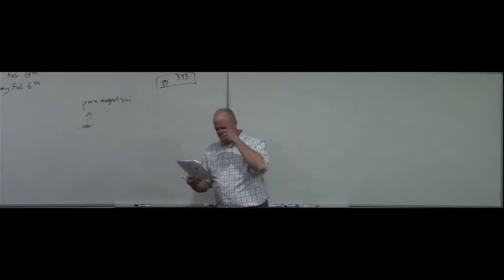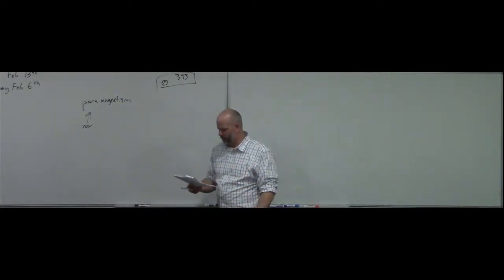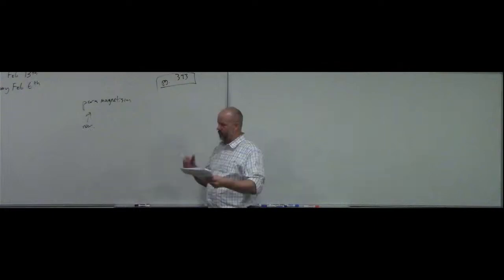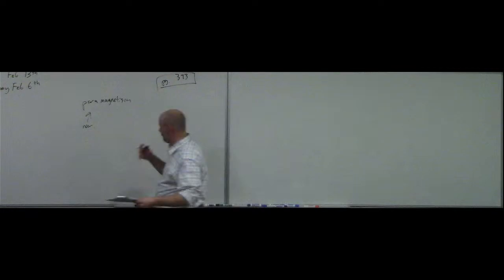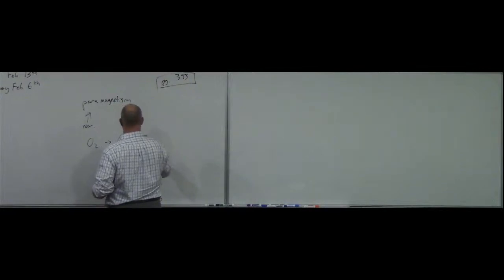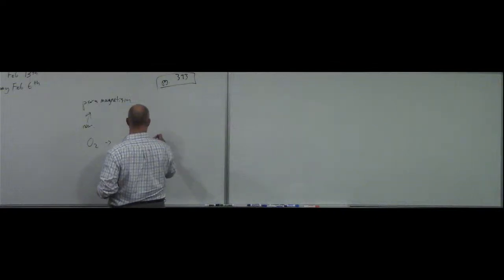So let's talk about this. For almost every covalent molecule that exists, we can draw the Lewis structure, predict the electron pair geometry, and predict the molecular geometry. Let's do oxygen real quick. So oxygen, O2, right? If we were to do, oh, what? 1, 2, 3, 4, 5, 6.